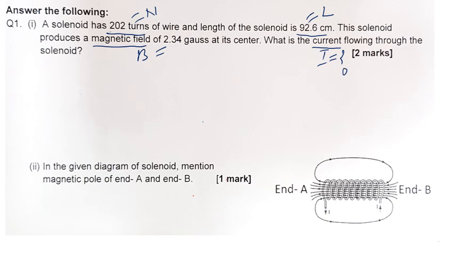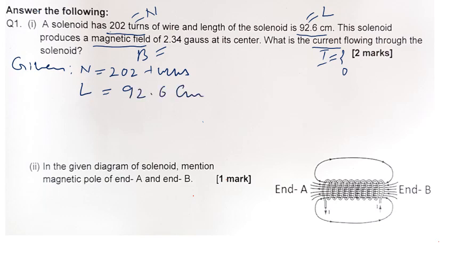Now what are the given values in this question? The value of the capital N is 202 turns and the value of the L is 92.6 centimeter.